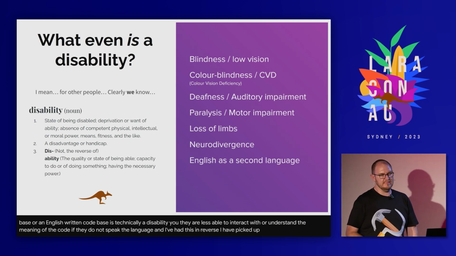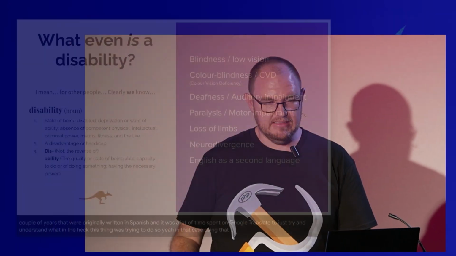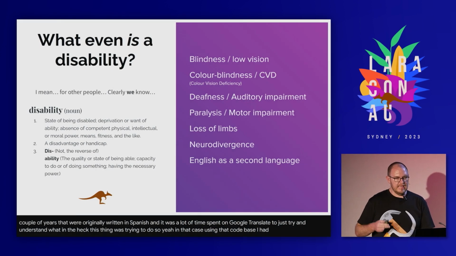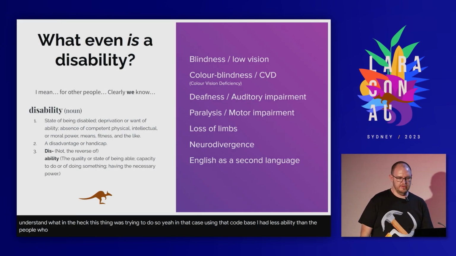I've picked up code bases within the last couple of years that were originally written in Spanish. And it was a lot of time spent on Google Translate to just try and understand what in the heck this thing was trying to do. So yeah, in that case, using that code base, I had less ability than the people who wrote it originally.